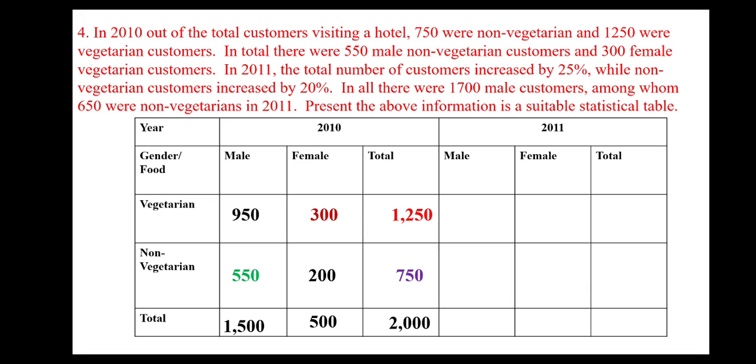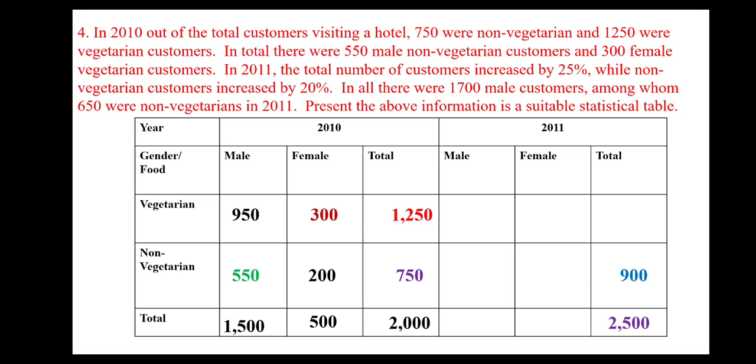Come to 2011. Total number of customers increased by 25%. Of 2000, 25% is 500, so 2000 plus 500 gives 2500. While non-vegetarian customers increased by 20%: 20% of 750 is 150, so 750 plus 150 gives 900.